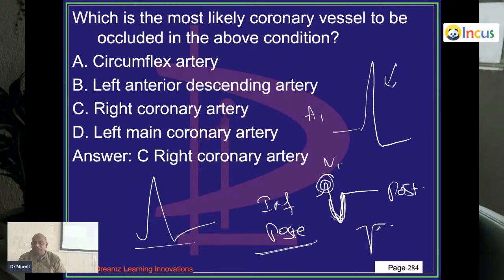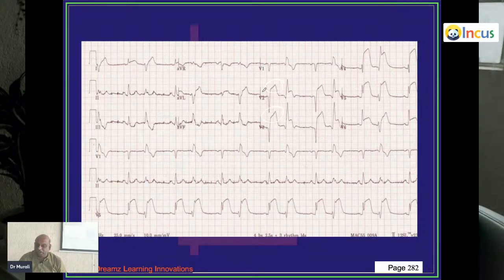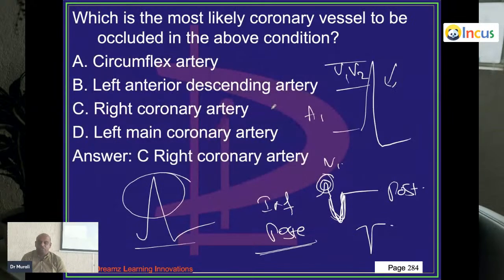Instead, you find the reciprocal of the Q, a prominent R in V1, V2. Normally, V1, V2 do not show a positive R wave. But if there is a positive R wave in V1, V2, V3, that is a reciprocal change of the Q wave. Whenever there is an infarction in the posterior wall, it reflects in the anterior leads as a reciprocal to the Q wave, that is a prominent R wave. That's the point you need to appreciate.